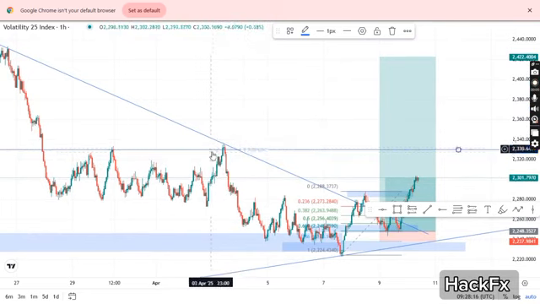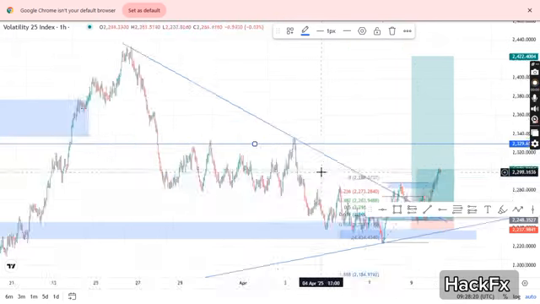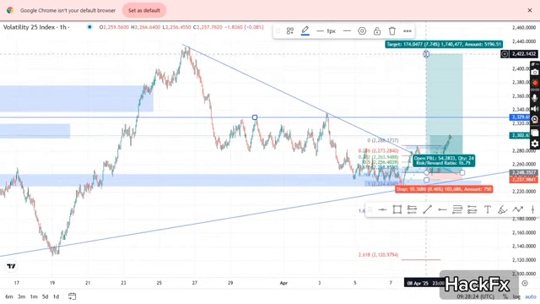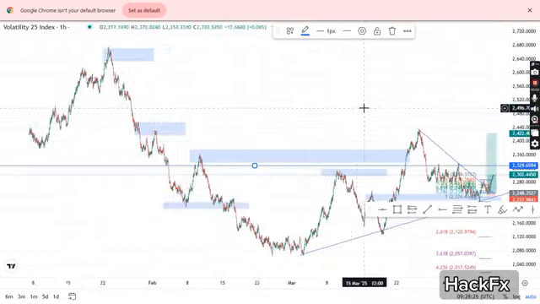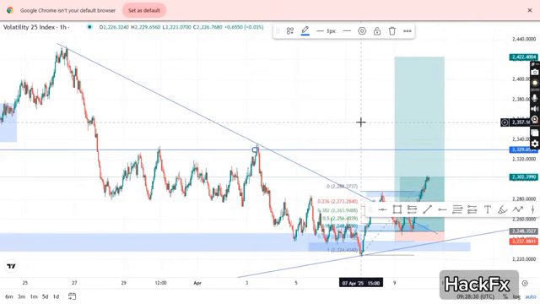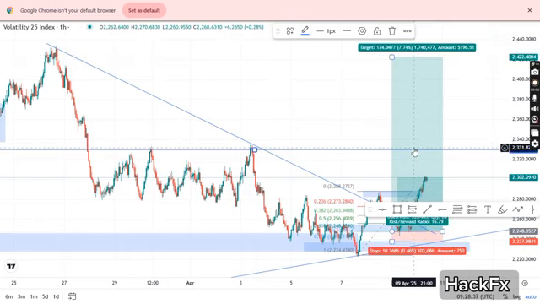When price gets to that supply zone, it's going to drop a little. So this should be your TP1, but ideally your TP2 should be here. If you have TP3, we should be going up. But depending on your grid or level, just take TP1 and TP2 and leave the market.